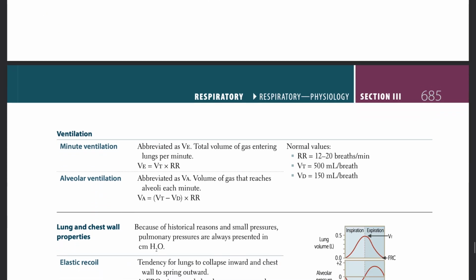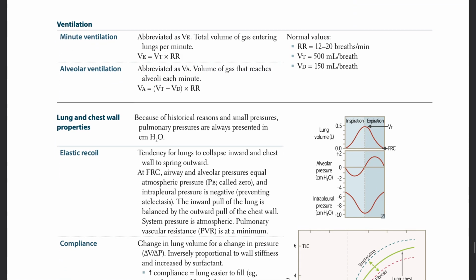Actually, let's just do VE first, and then we'll get back to the dead space. So this is your minute ventilation, abbreviated as VE. It is the total volume of gas entering the lungs per minute, meaning whatever gas is going into the lungs, no matter if it's going into the dead space or not, wherever it's going into the lung, we calculate that into VE.